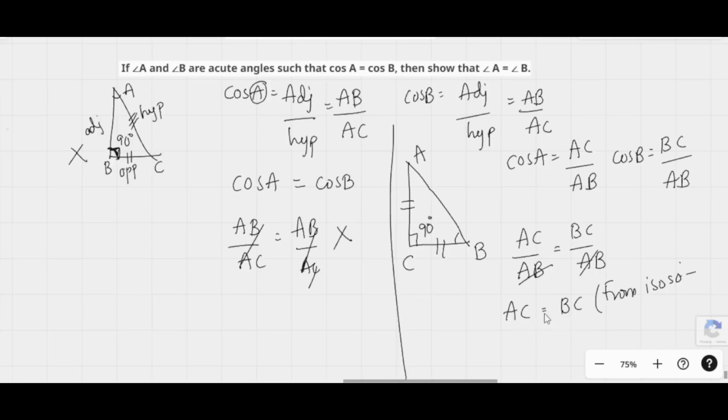So when two sides are equal, the respective angles are also equal. Hence, you have to write this from the isosceles theorem. When two sides are equal, the respective angles are also equal. Hence, angle A and angle B are equal. This is the proof. The reason that I have taken this also is to understand.